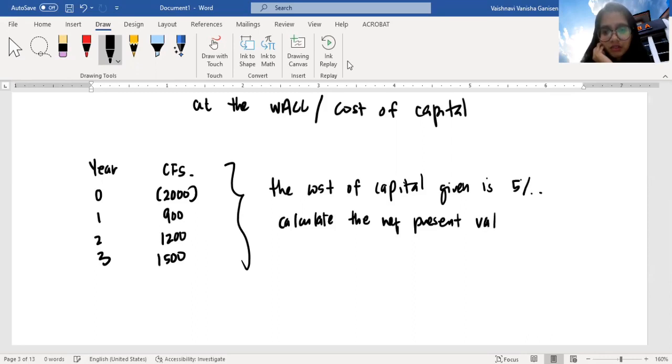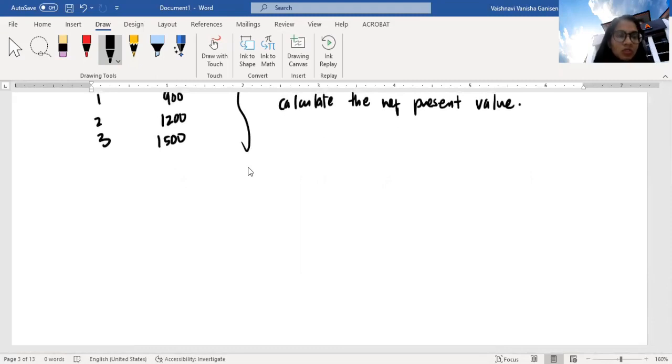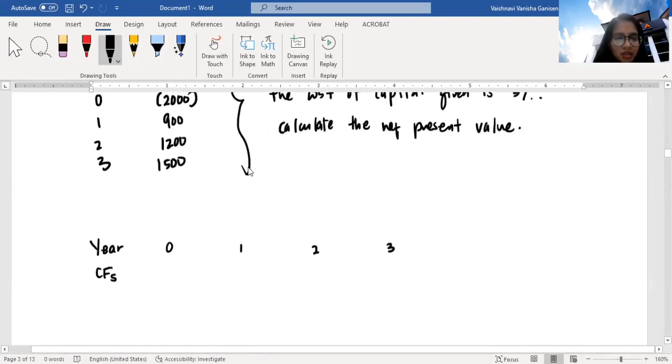Okay, so to calculate the net present value, what you need to do is you first need to discount all your cash flows. So guys, always remember, I will always advise you to use this concept. Year 0, 1, 2, 3. All right. So in year 0, my cash flow is 2,000.